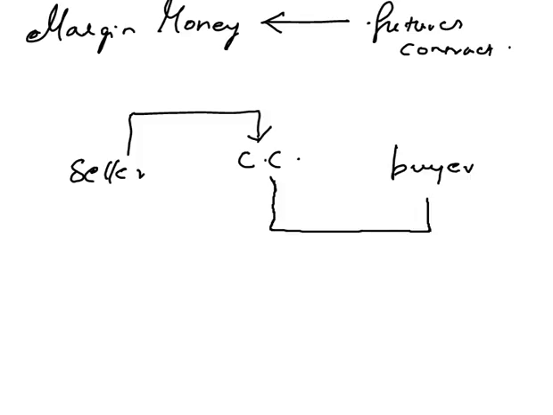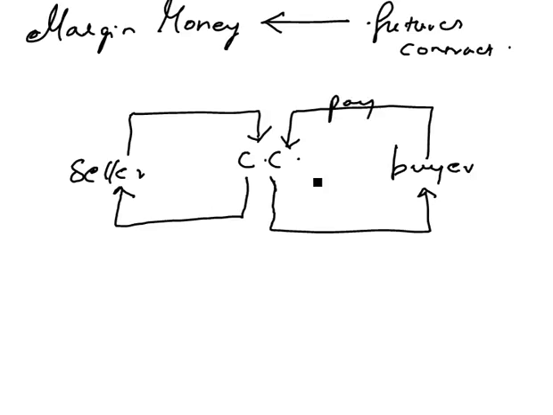So the buyer actually buys from the clearing corporation. In turn, the buyer gives a payment to the clearing corporation, and the payment is forwarded to the seller. Here it sells and here it buys.